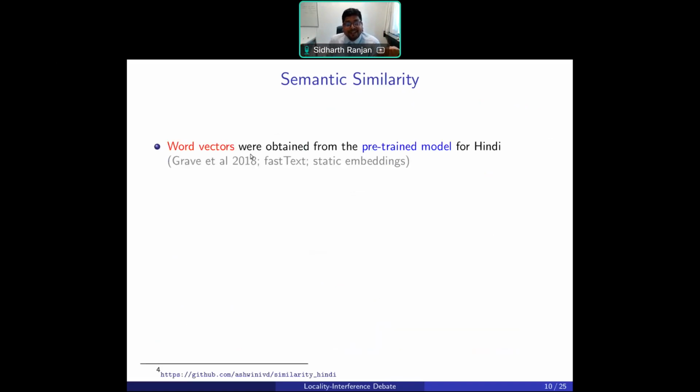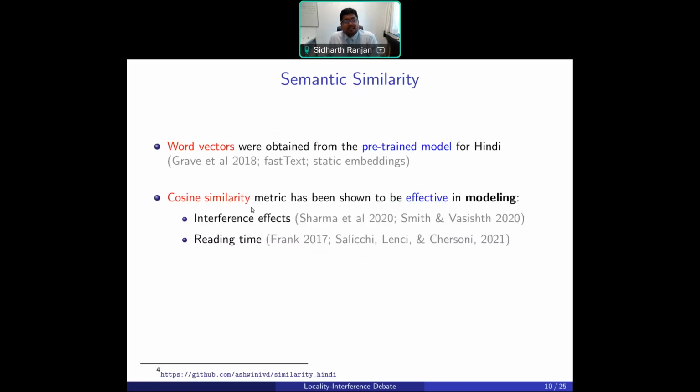We make use of word vectors obtained from pre-trained models for Hindi, and this cosine metric has been quite effective in modeling interference effects and reading time in several previous studies.